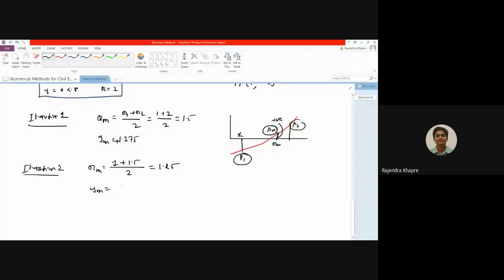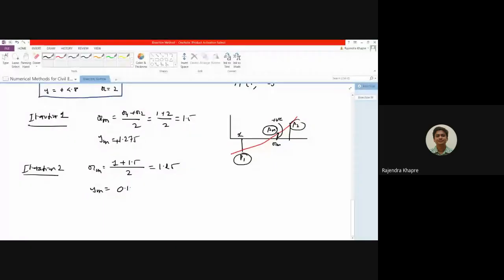Find the value of ym, please. 0.1781. Is it positive or negative?